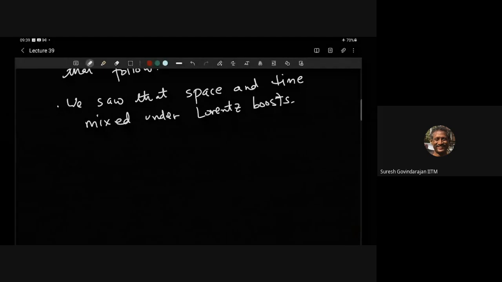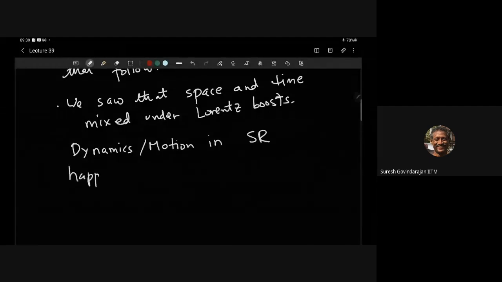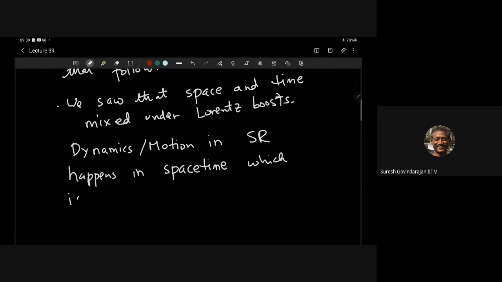So dynamics, or motion in SR, happens not in space and time, but in space-time. You form a single word, which is Minkowski space.